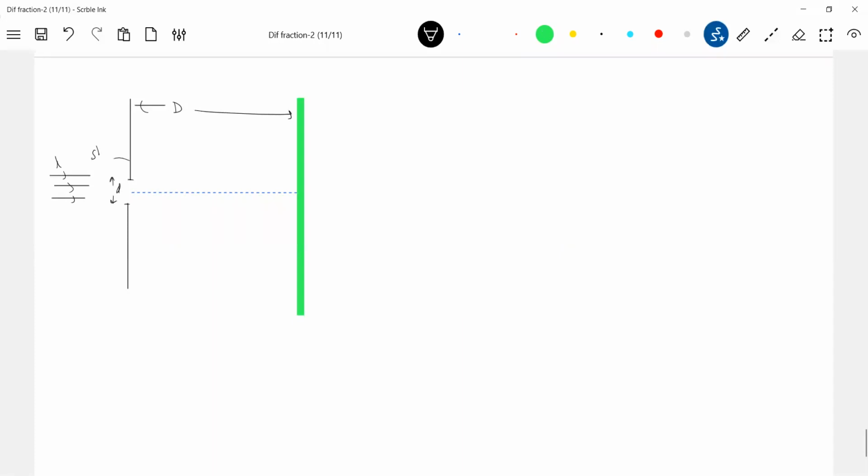So this is the slit and this is the screen. Now what will happen? The rays which are coming will spread. Let this spreading be y.